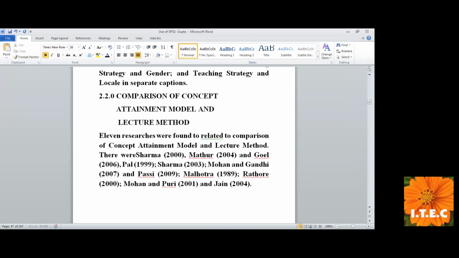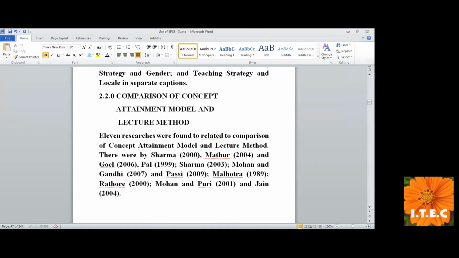These were by Sharma, etc., etc. Now there are 1, 2, 3, 4, 5, 6, 7, 8, 9, 10, 11. So there should be 11 paragraphs.